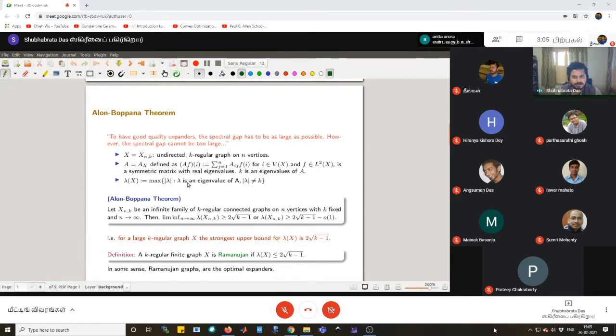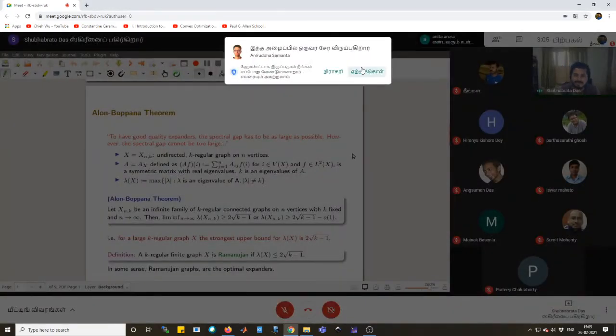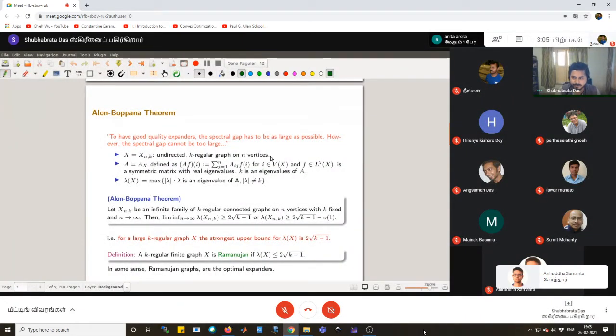So here is a quotation from Sarnak, which says that we need expansion, but we also realize that there is a limit to it. We cannot have arbitrary expansion.